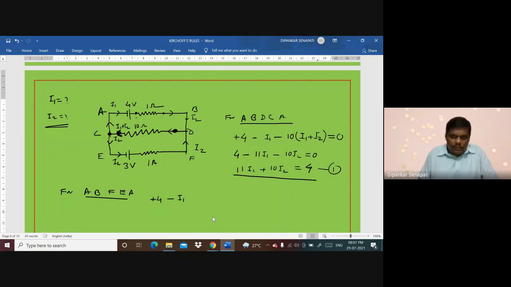Now we come to here directly. This will be at higher potential and that at lower potential, so there is a rise in potential.